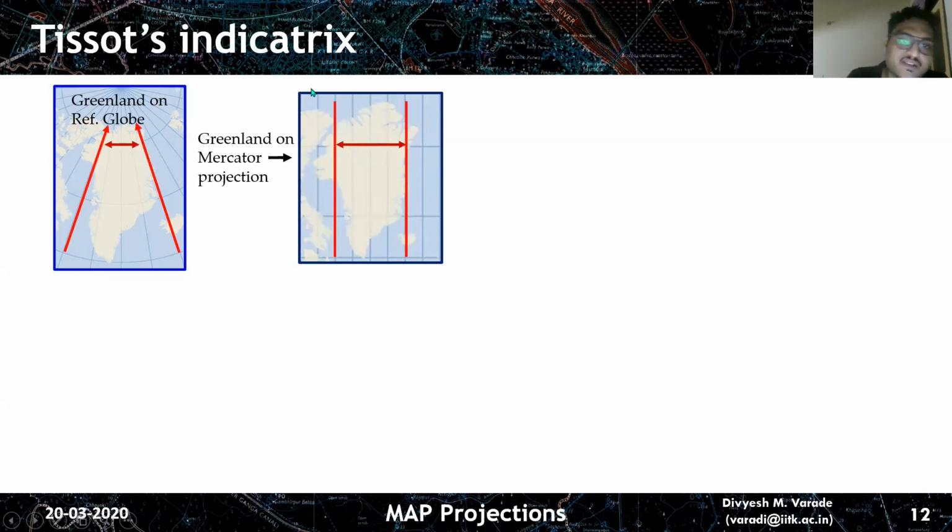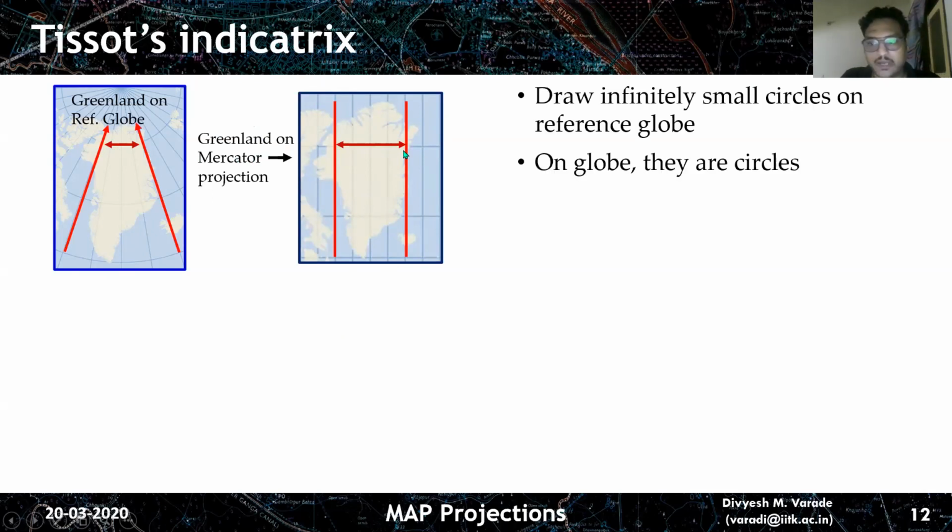So we know that this distortion is taking place here. But is it a good idea to always take some country or some continent to identify how the distortion is taking place? This is not really very practical.